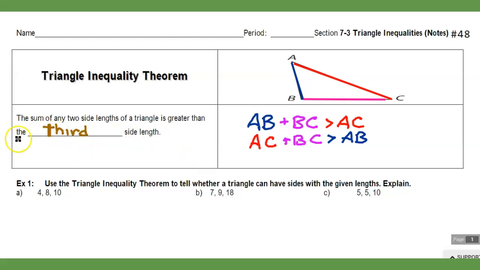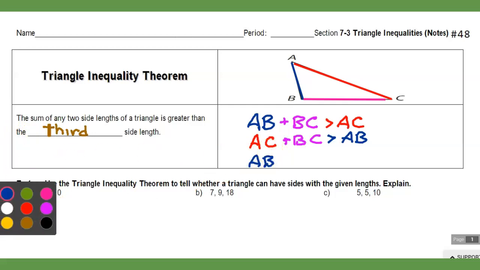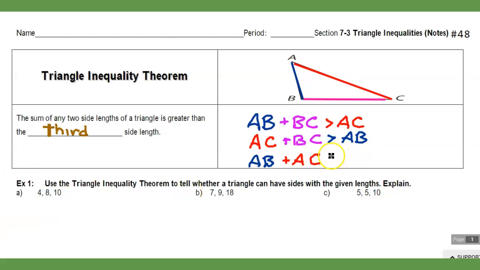And then a third one would be AB and AC would have to add up to something bigger than BC.